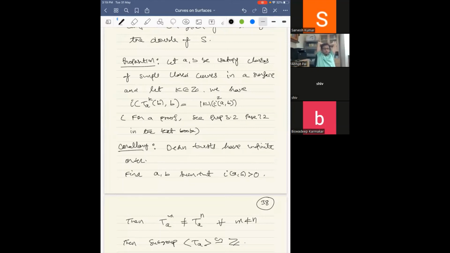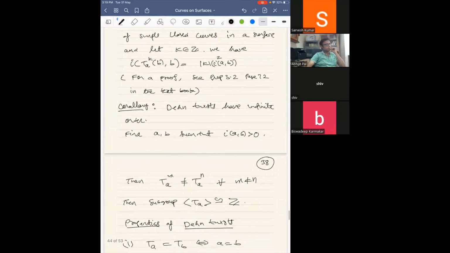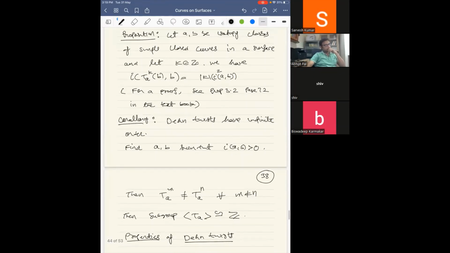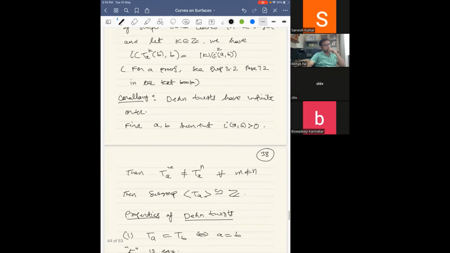You can see this at least for the case of k equal to 1 and justify it. Let us assume this result holds and see why Dehn twists have infinite order. How does one prove that?